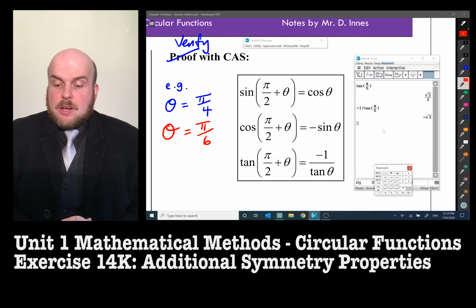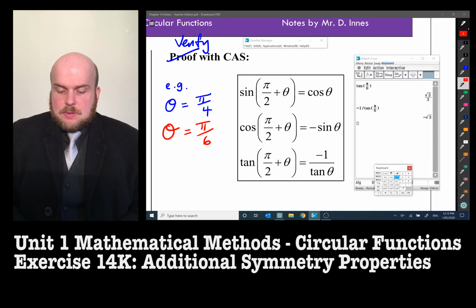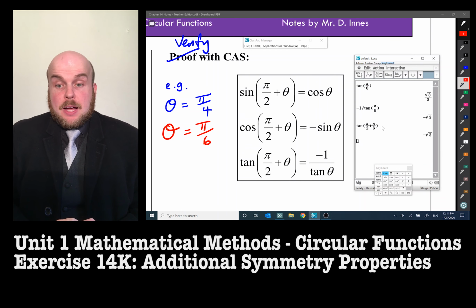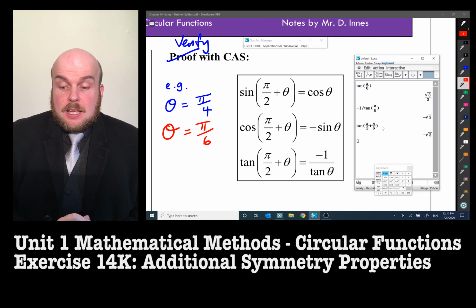And negative 1 over tan pi on 6 is equal to negative root 3. So if I do tan of pi on 2 plus pi on 6, that gets us negative root 3. So there is our verification to see that this is in fact true.